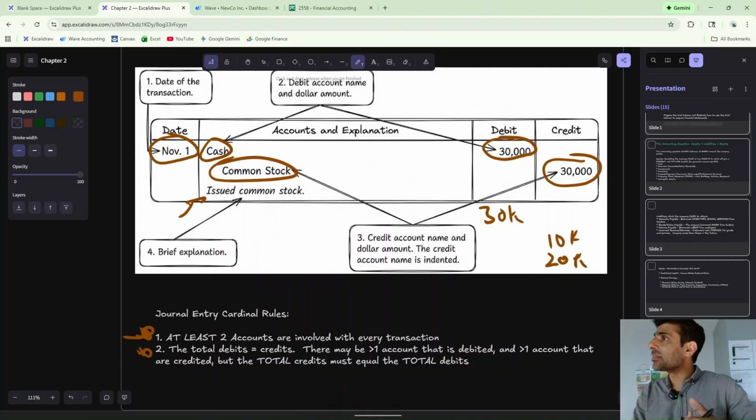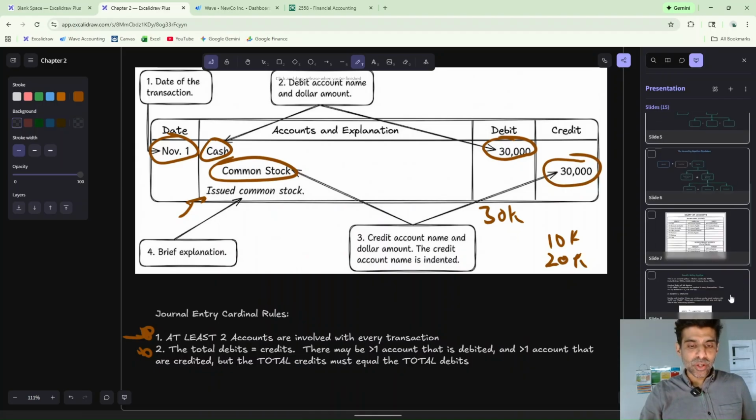There's at least two accounts, and the debits equal the credits. We're going to see there are transactions that will involve many accounts of different amounts, but the debits will equal the credits in total for each transaction. Any questions on this journal entry?